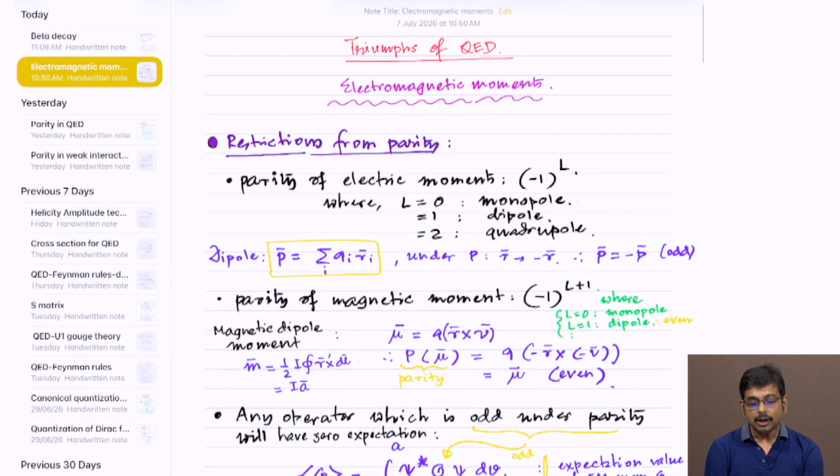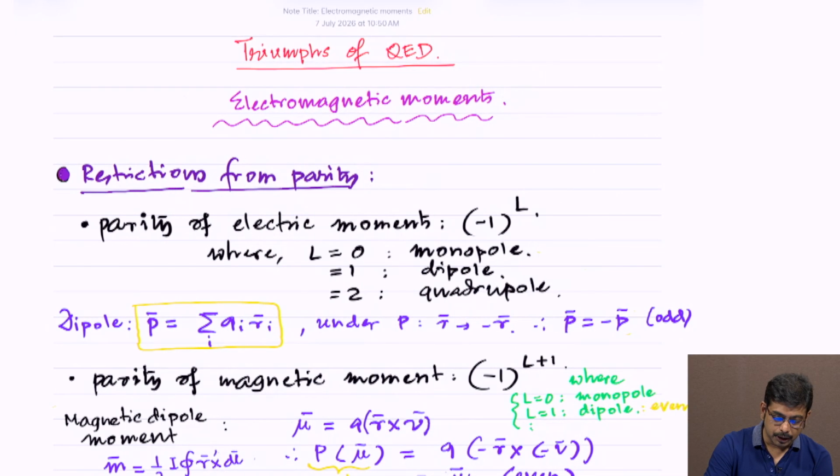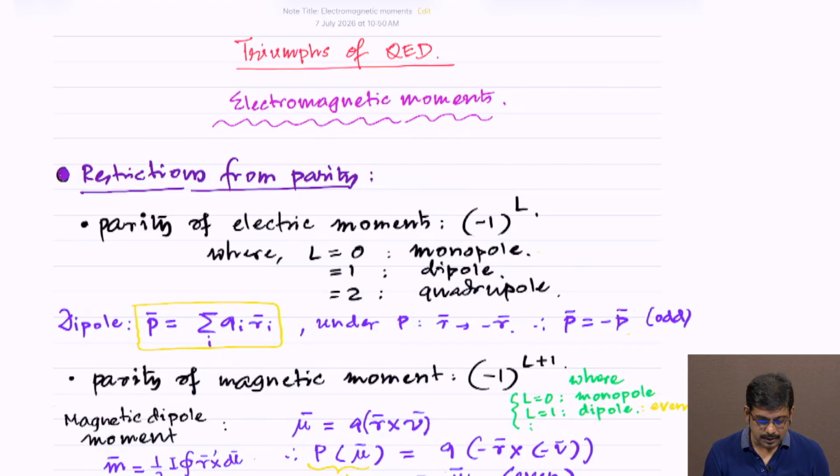Electromagnetic moments is something that you are already familiar with from your basic electromagnetism courses. But once we are talking about quantum expectation values, we have to talk about the parity properties first. So, let us see how exactly we can define them.